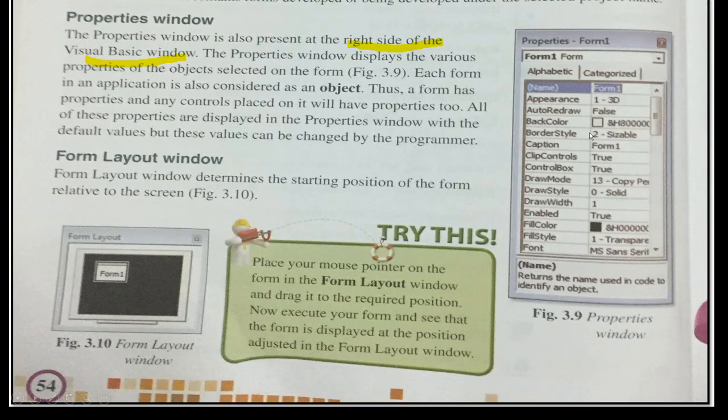Here you can modify the properties of Form 1. Let's say you have a form open and you want to edit the color of the background. If you want to insert a picture, you can also do this in the properties window of a form.